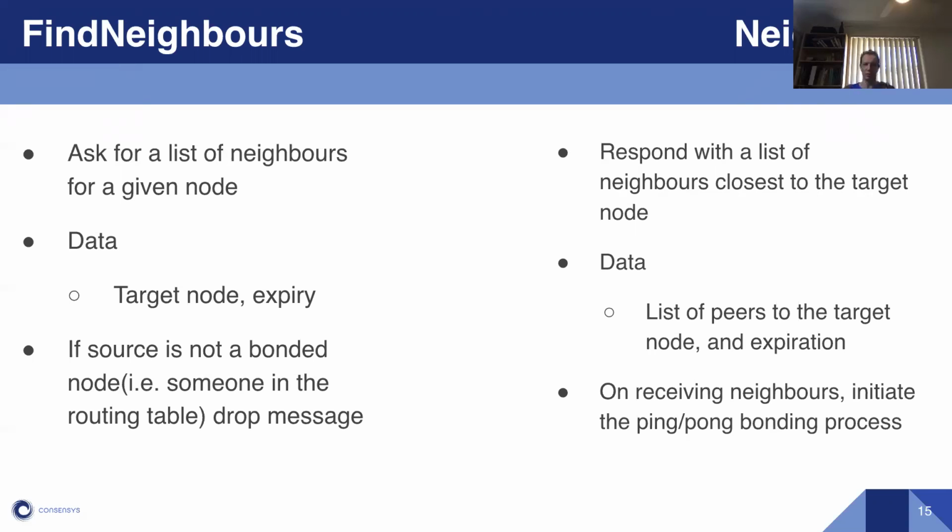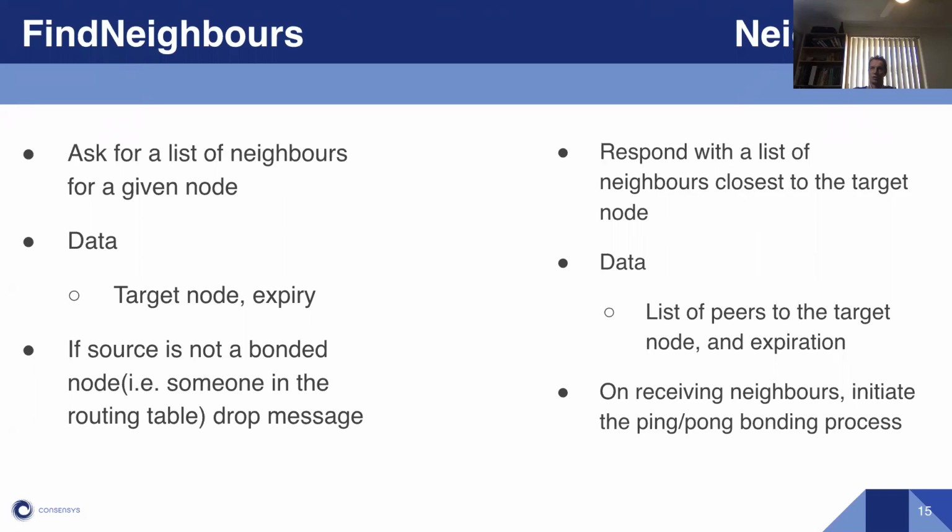That is the way the protocol works. If you are bonded with each other, then respond with a list of the neighbors that are closest to the target node that was provided in that message. The data included in that neighbors response is a list of peers to the target node and an expiration.